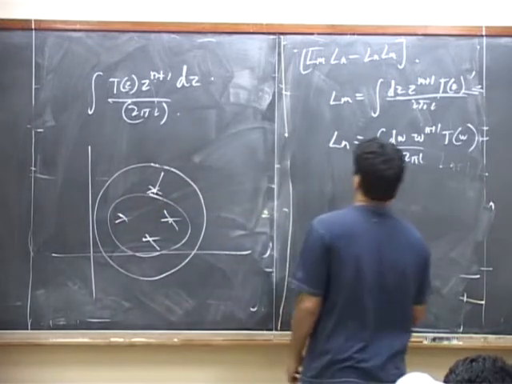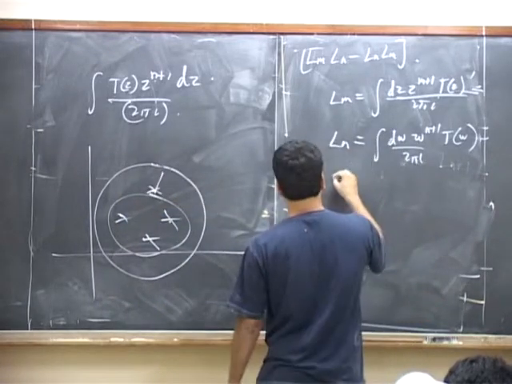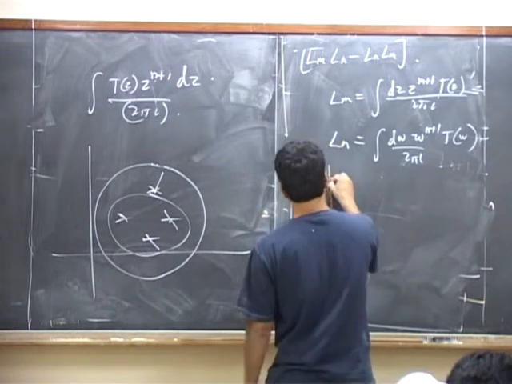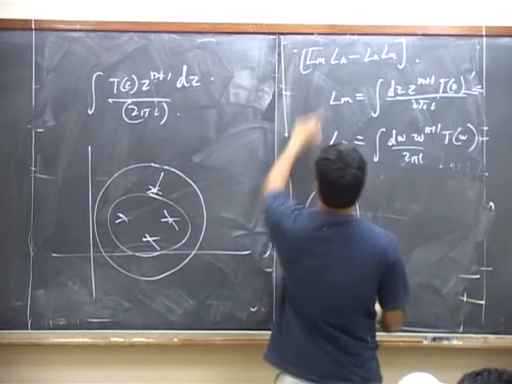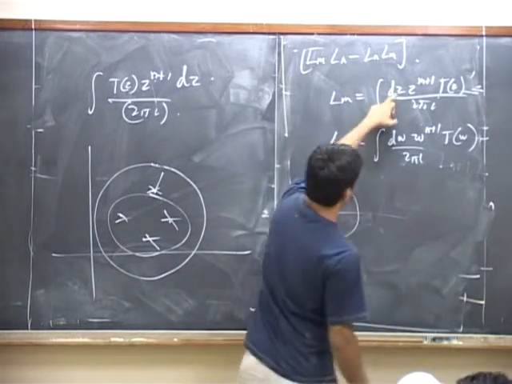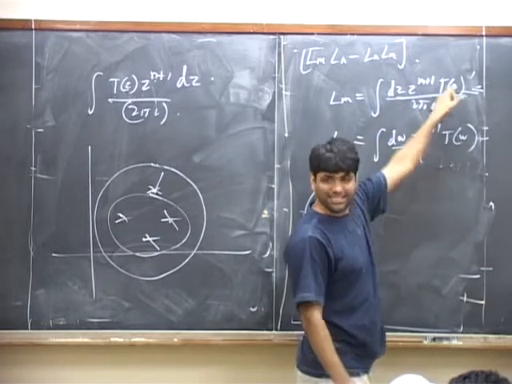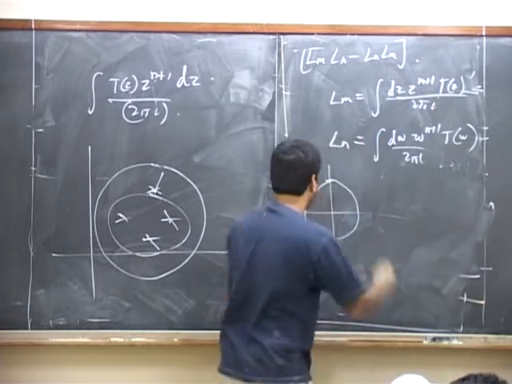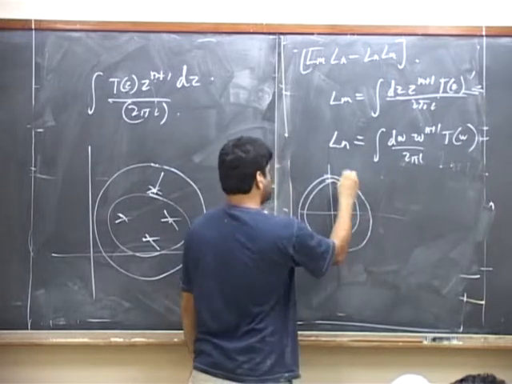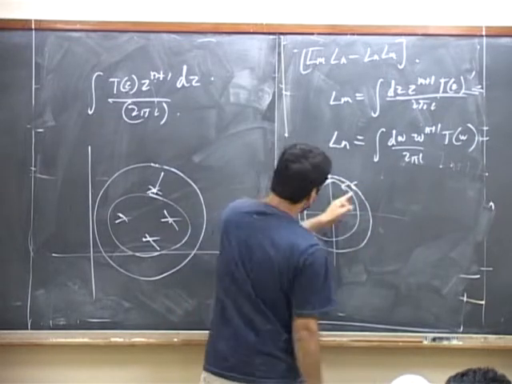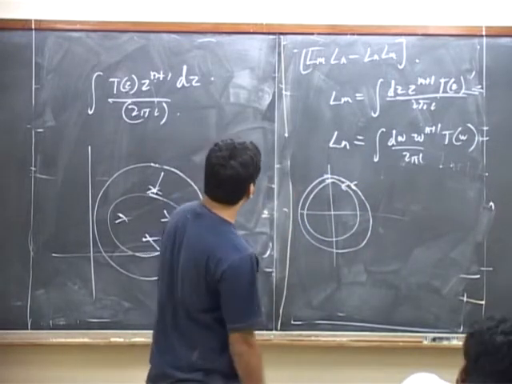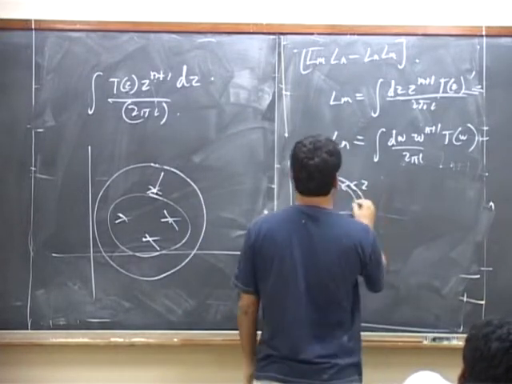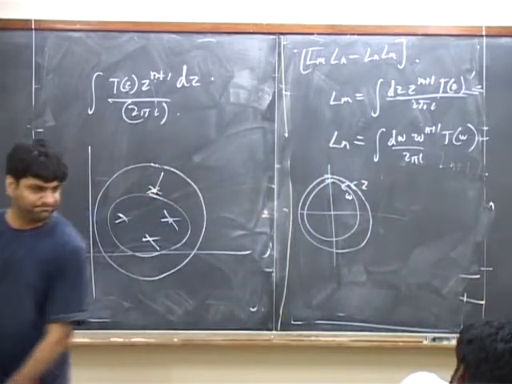So, if I want to compute Lm times Ln, what I do is do this double insertion with two T's, one at w and one at z. Do two contour integrals where the outer contour integral is z and the inner contour integral is w.